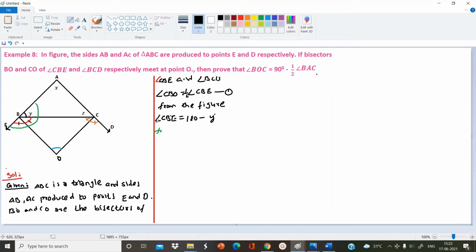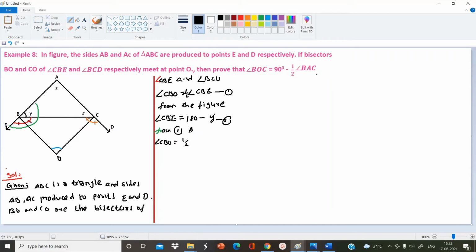And from equation 1, we have angle CBO equals half into CBE. Just think, this is equation 2.